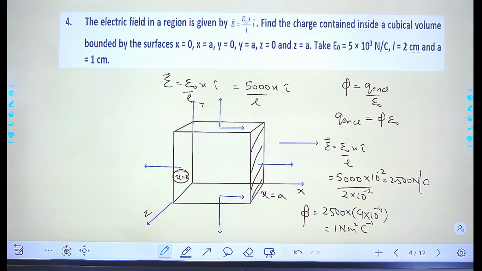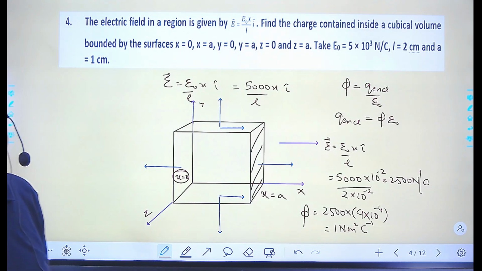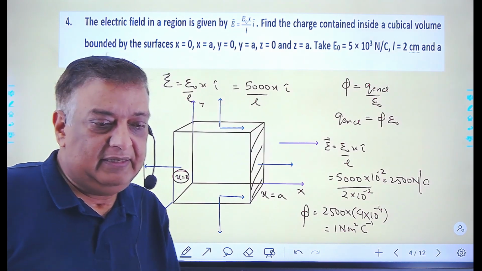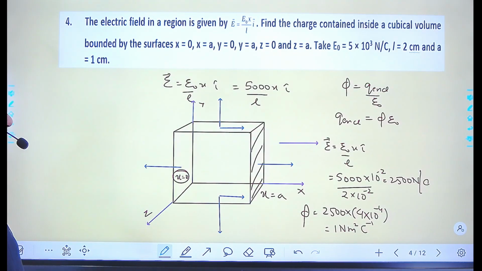So you just have to find the values, because E and L are given, and then you can find the charge enclosed. From here you can find how much the charge enclosed will be. Just see that there is no mistake in the calculation.